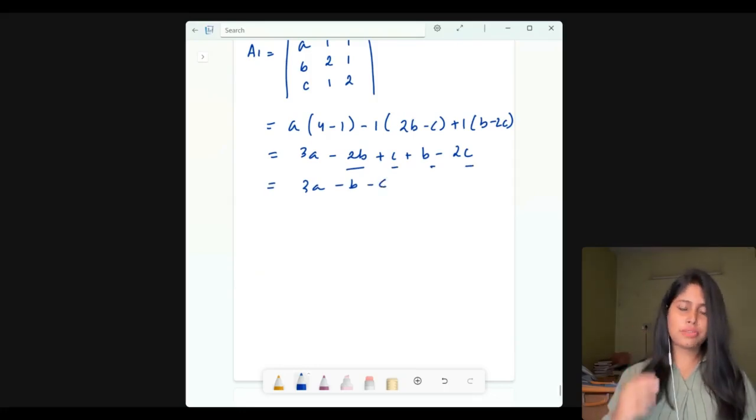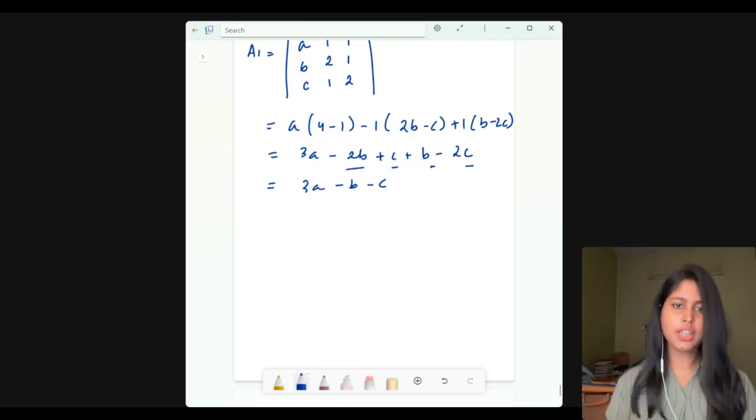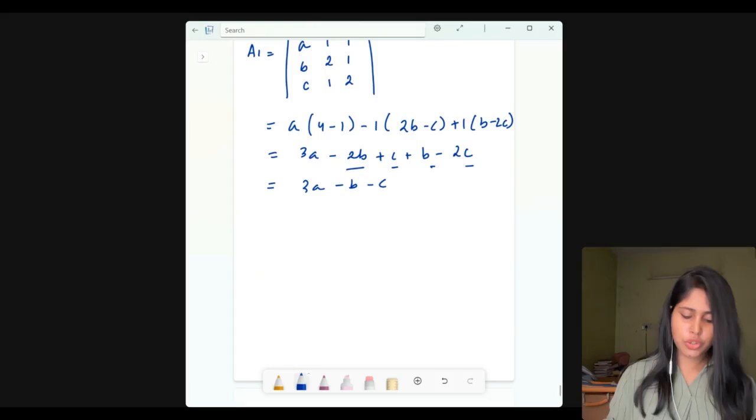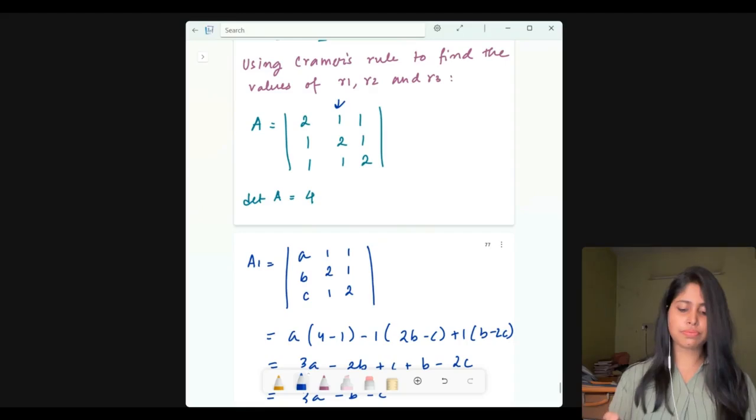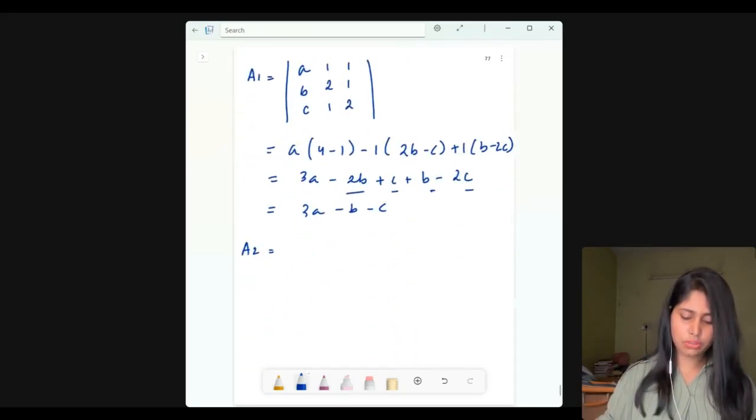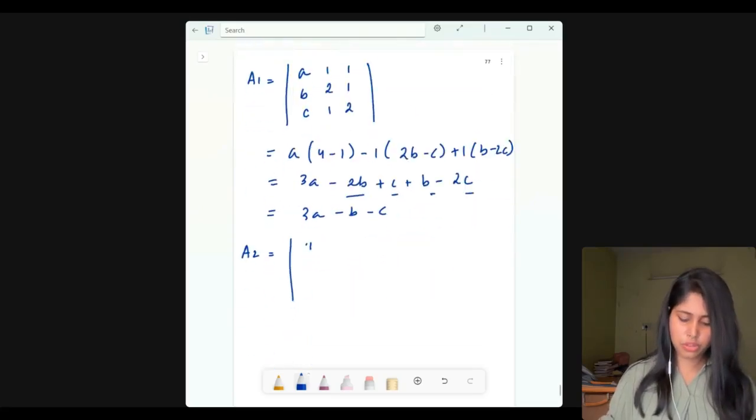Okay, so let me find all of A1, A2, and A3. Then we will find the unknown variables. Let me find A2. For A2 we will make the second column A, B, C. So what is the first column? It is 2, 1, 1, then A, B, C, then 1, 1, 2.